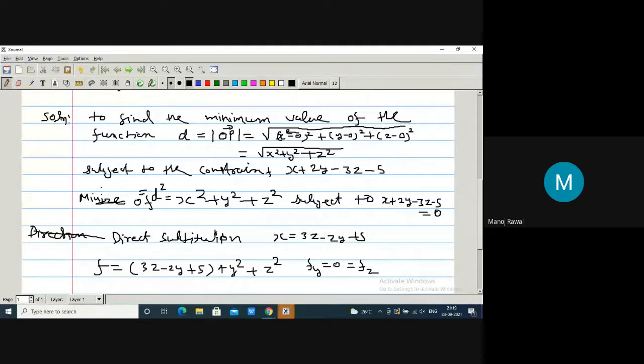So now I'm talking about minimizing this function subject to this. You can do it on d also, but this will give you simpler calculation. Okay, yes, you are right.